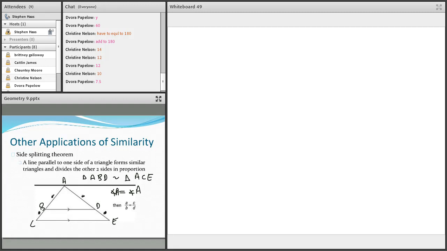Okay. What about angles 1 and 2? What is the relationship between angles 1 and 2? They're equal to each other. Why are they equal to each other? Remember that BD and CE are parallel lines.